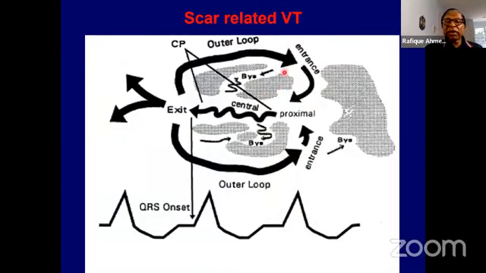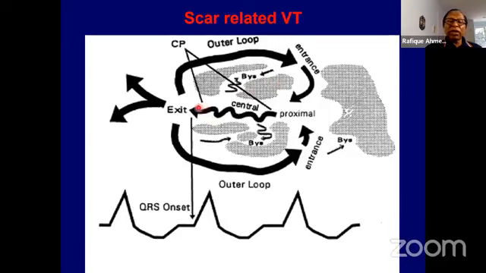And this is the example of scar-related ventricular tachycardia. So there is myocardial infarction-related scar, and the electricity can go around and then go through a slow connection and then exit, producing the QRS complex. Most of the drugs that we use target to make this place slow enough that it cannot conduct.